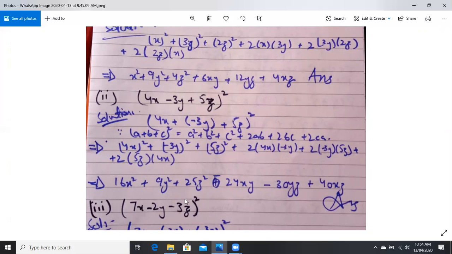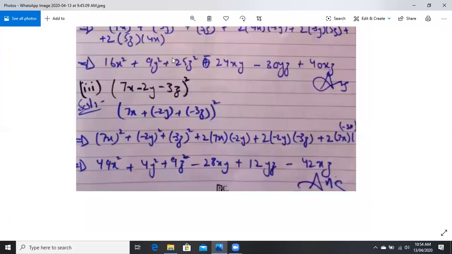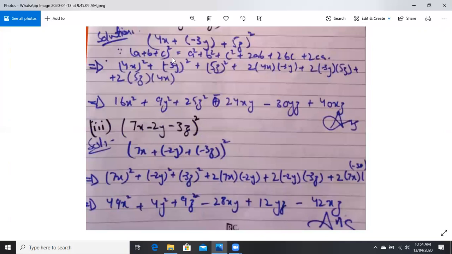So we have the next question. The next question is 7x minus 2y minus 3z whole square. So first we will convert it into the form of plus. So this becomes the formula and we will expand it easily.